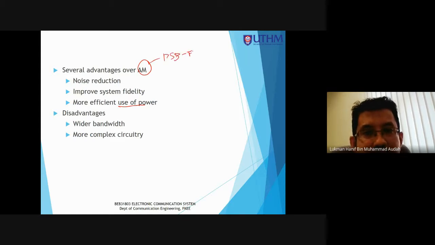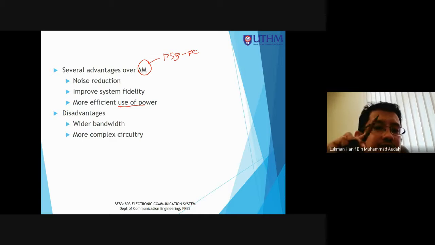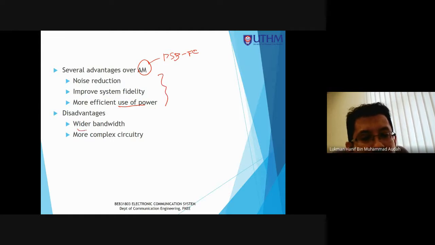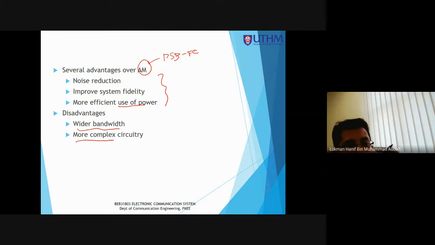There are several advantages, and antara disadvantages untuk angle modulation adalah it needs a wider bandwidth and more complex circuitry. So kalau you lihat tadi dia punya circuit agak kompleks berbanding dengan double sideband full carrier.